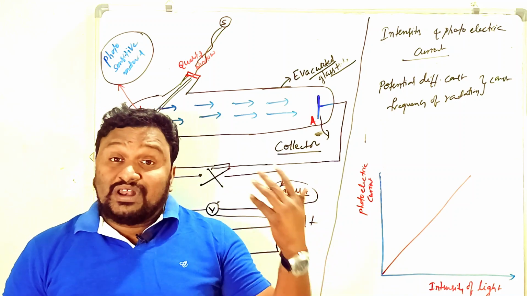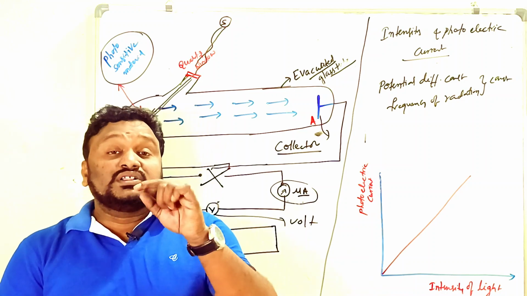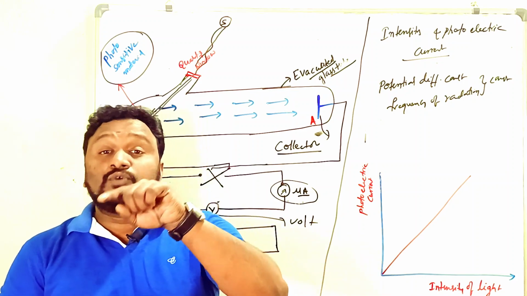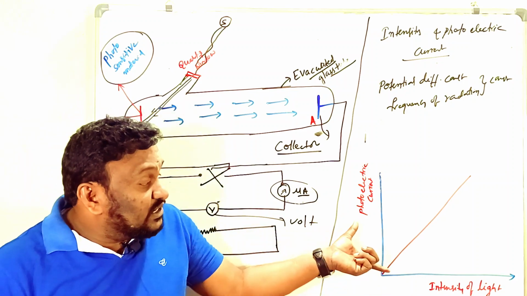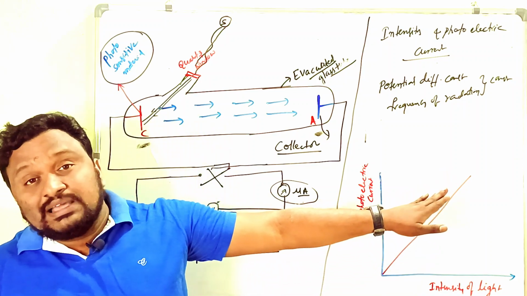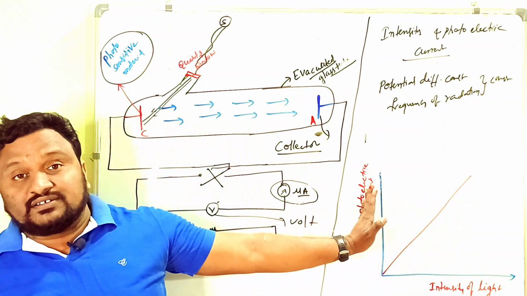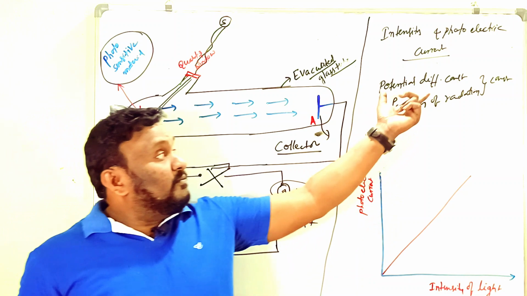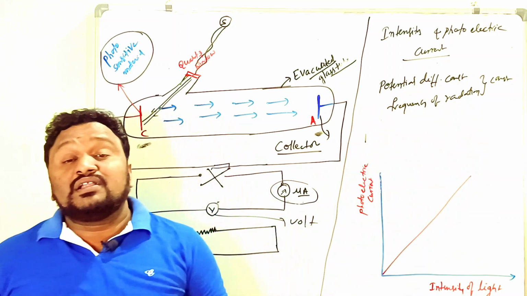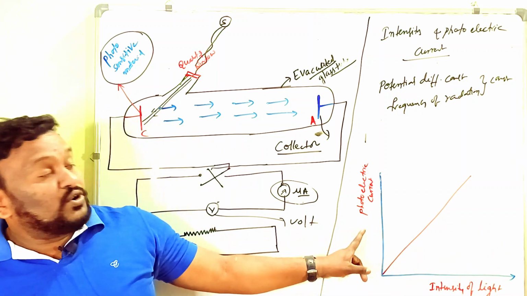More electrons are then collected by the collector. That means there is a proportionality between the intensity of radiation and the photoelectric current. Obviously, the number of electrons reaching the anode also increases. So there is a direct proportionality between the intensity of light and the photoelectric current, shown by a straight-line graph like this, when the potential difference and frequency of radiation are both constant. This is the relation between intensity of light and photoelectric current.